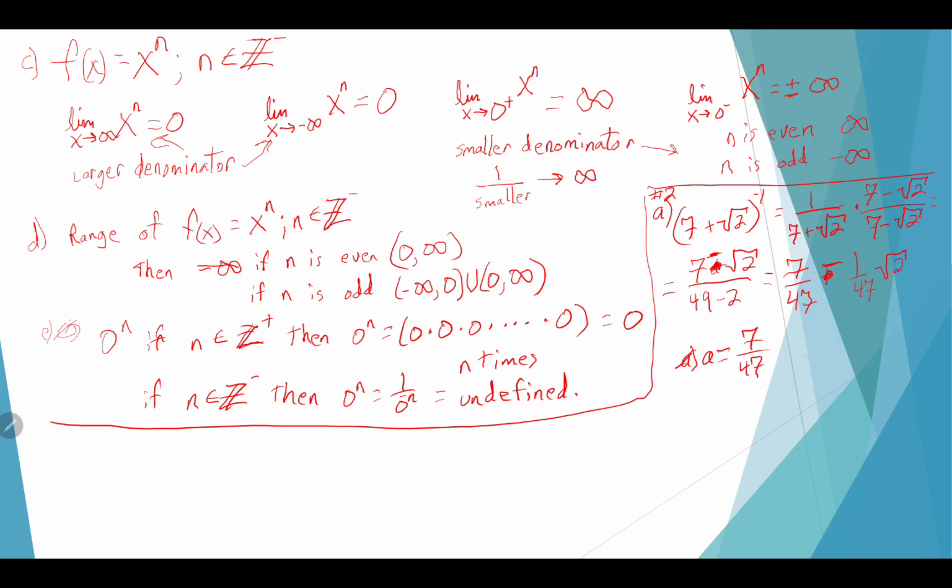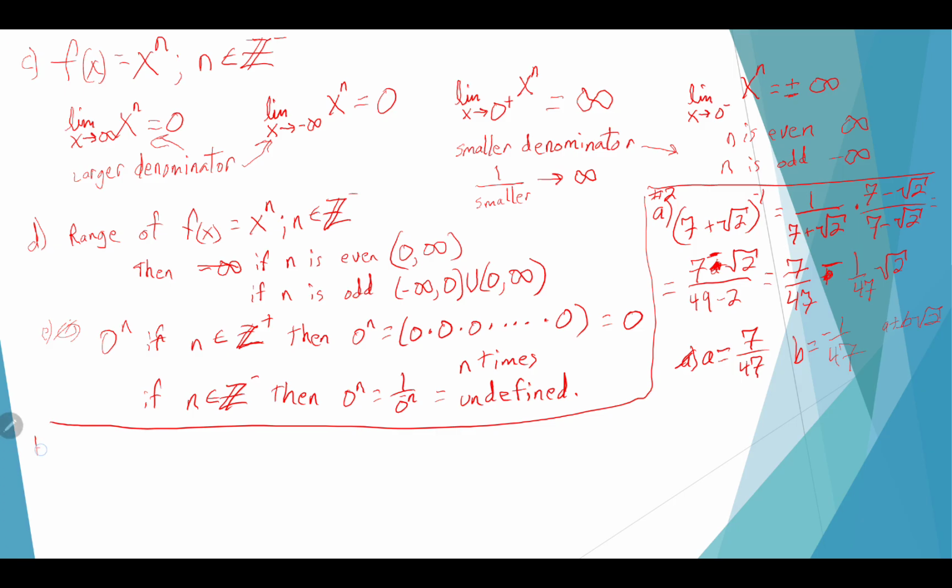That doesn't simplify. And B is equal to negative 1 over 47. That also doesn't simplify. And this is in the form A plus B square root 2 that they had said they wanted it. Pretty straightforward.